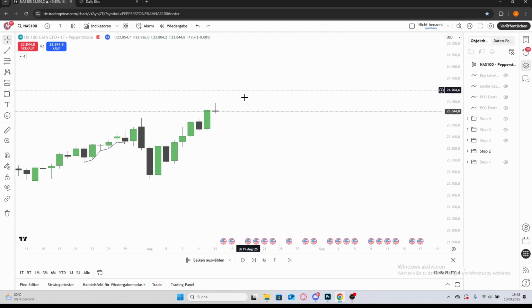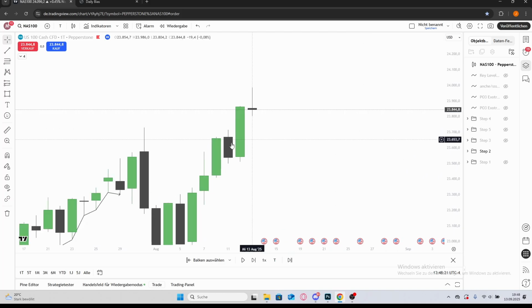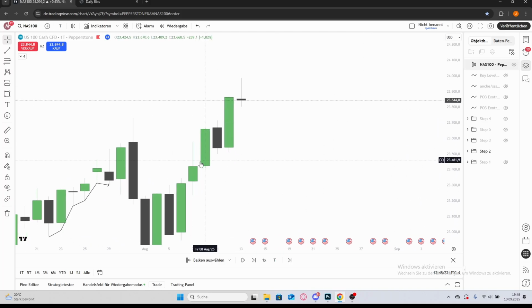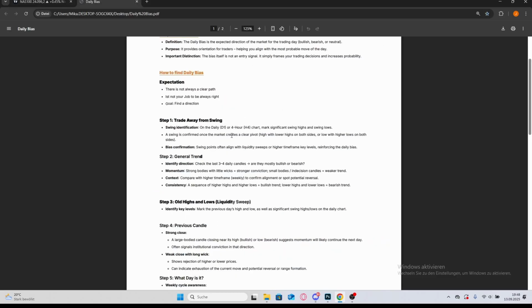For example, this is a great example here. We can see we had a really strong bullish candle, then a little correction here, and another bullish candle. So I would still assume the next few days will be bullish. That's quite simple, but it makes a lot of sense.